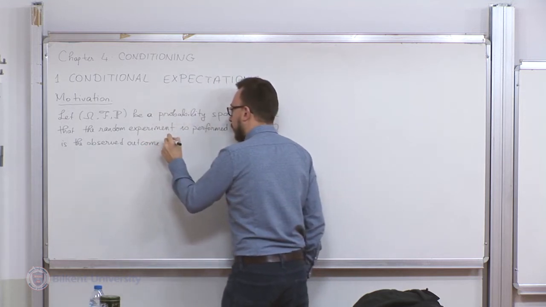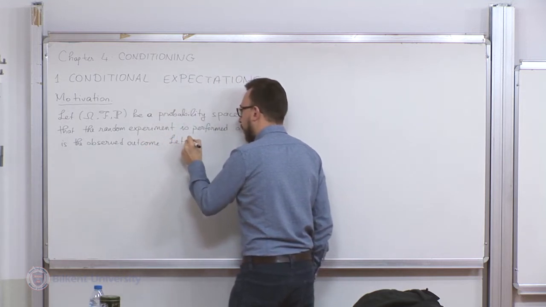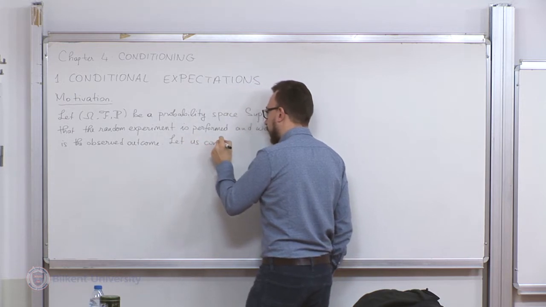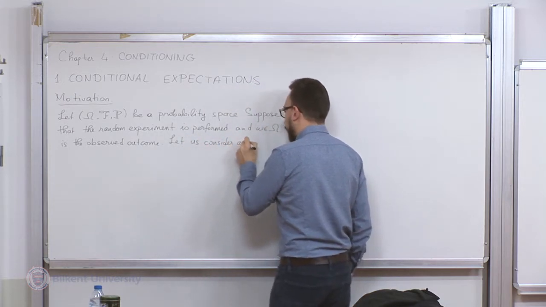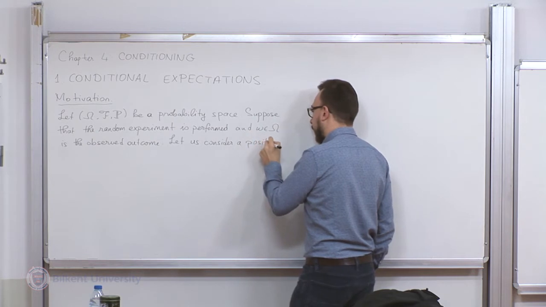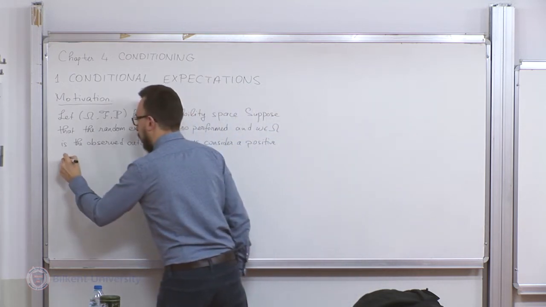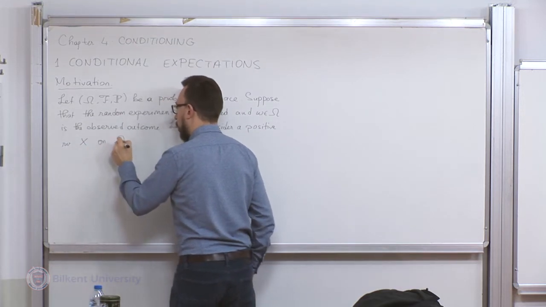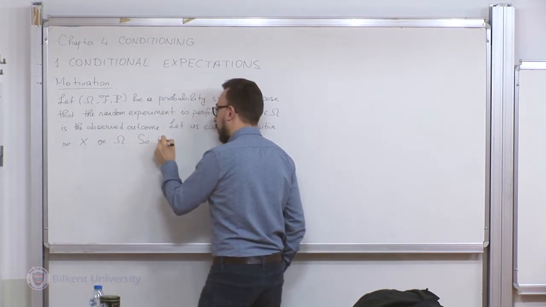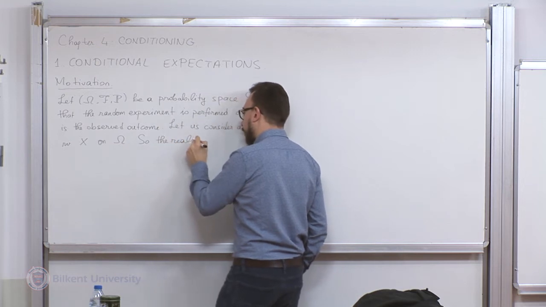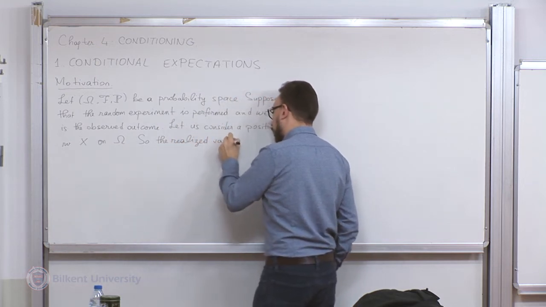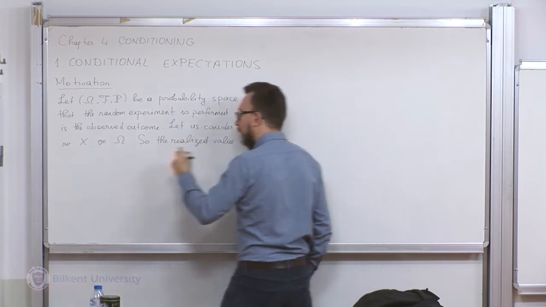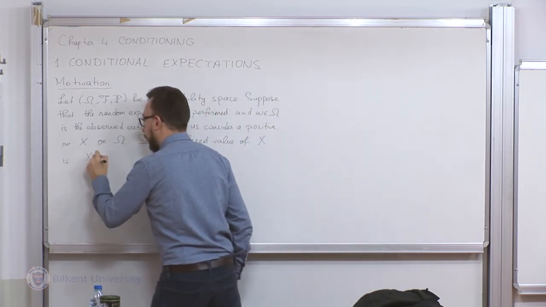So let us consider a positive random variable X on this space. So the realized value of X is X of omega, right?